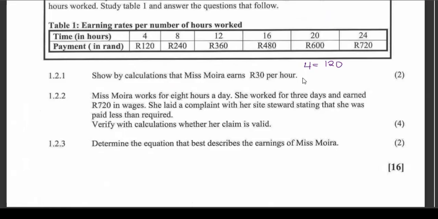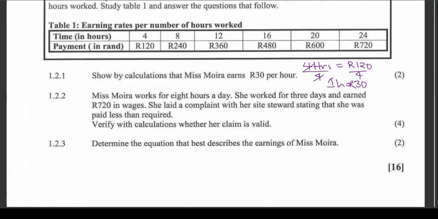We're going to divide because we're aiming at making this 4 hours into 1. We divide through by 4, also on the other side we divide. So here we remain with 1 hour equals 30 rand, which is true.